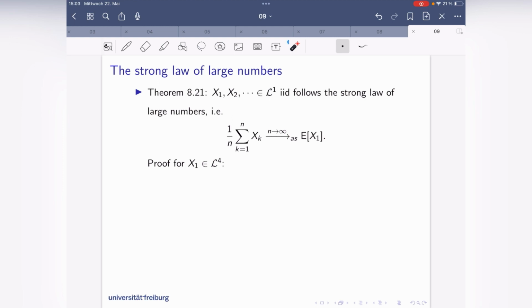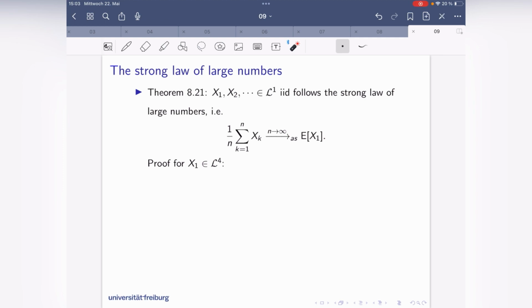I will also give a proof for X in L2, which is still easy. It's not the proof that you already know, because the proof you already know only gives you the convergence in probability, but not the almost sure convergence. So we need something extra. And if you're then still interested in the proof where X only has an expectation, so X is in L1, you have to consult the manuscript.